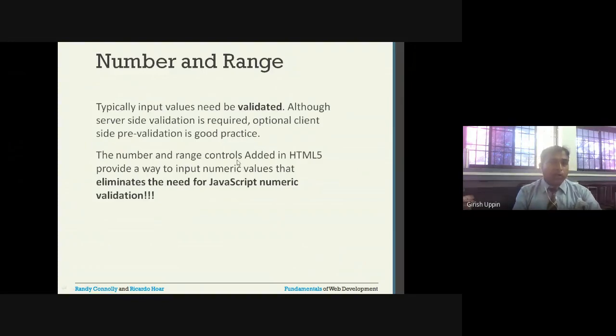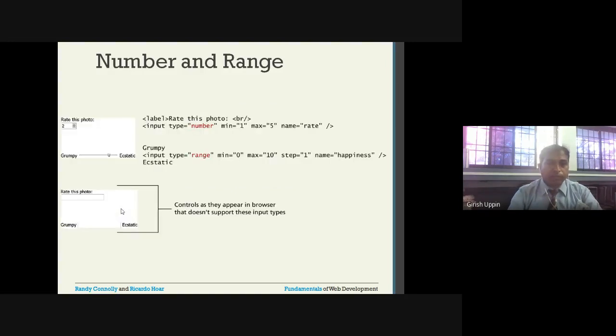The number and range controls added in HTML5 provide a way to input numeric values that eliminates the need for JavaScript numeric validation. If you don't use number or range, and you are taking the input as a number, then to validate it you need JavaScript to check whether the entered value is a number or not. So this will avoid using JavaScript.